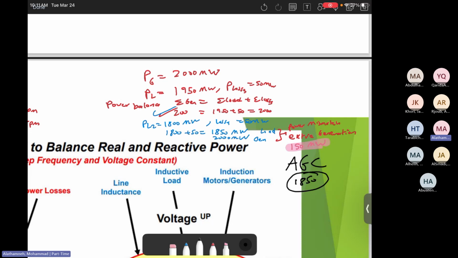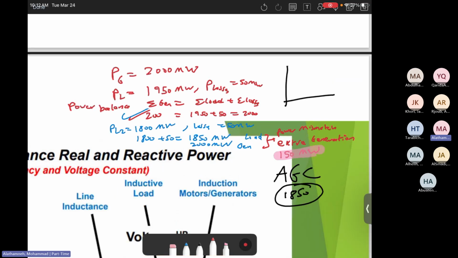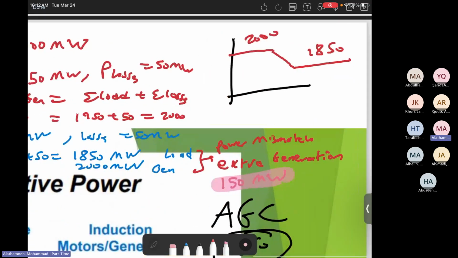But it will take some time, maybe a few seconds or maybe several minutes. So it will take some period. The generation of 2000 will be ramped down by 150. So after the problem is solved, there is no extra generation.